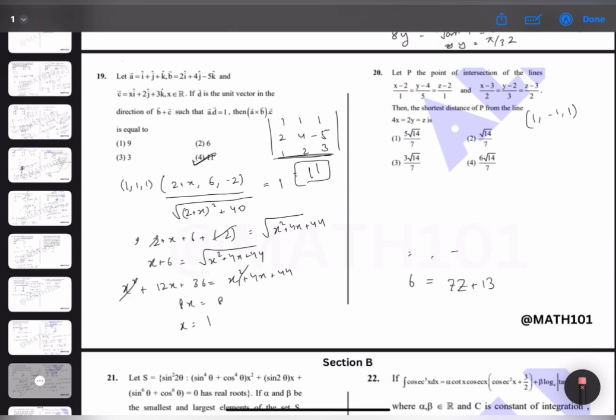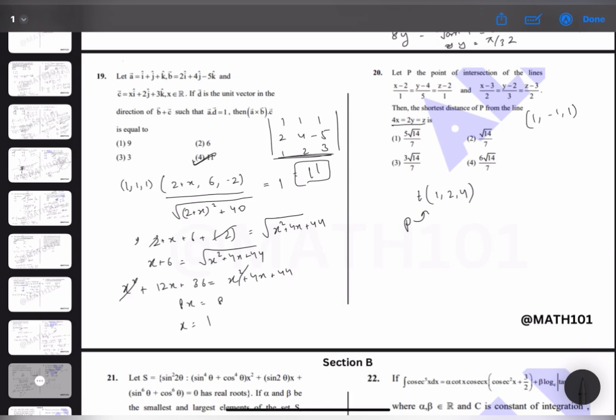To find the minimum distance of this point from this line, which is t into (1, 2, 4).